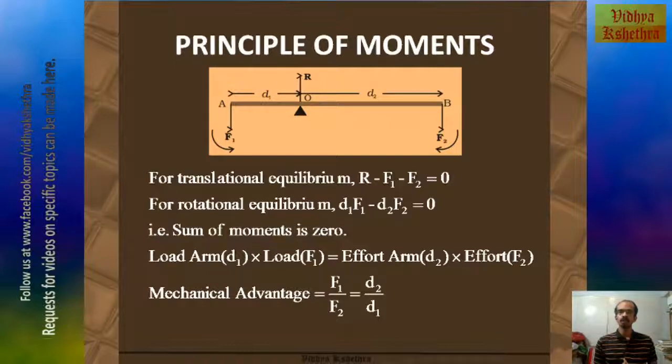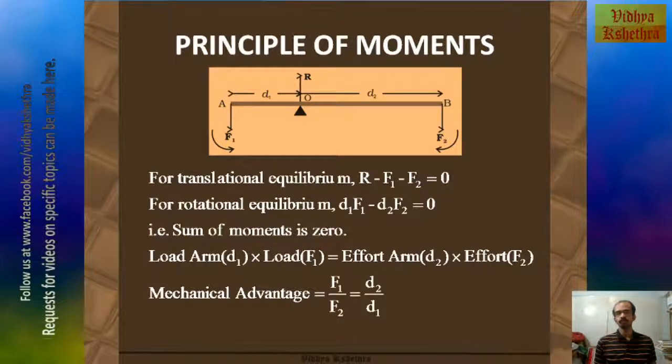From this, we can reach this equation. That is, D1 F1 is equal to D2 F2. That is, D1 is the load arm, the distance at which the load is kept from the center O at point A, and F1 is the load. Similarly, the effort arm is D2, which is the distance from the fulcrum O to the other end B, and F2 is the effort.